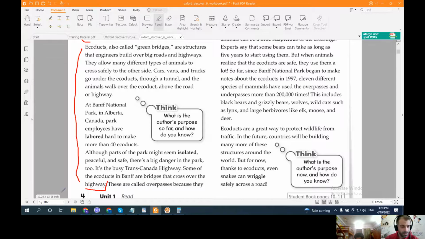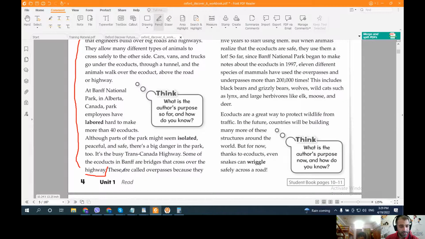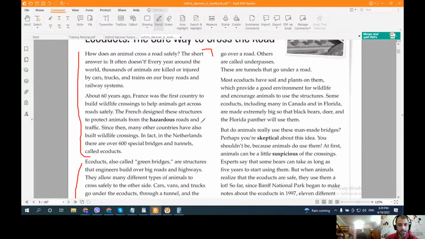Okay, now we have here this part. These are called overpasses because they go over a road. Others are called underpasses. These are tunnels that go under a road.